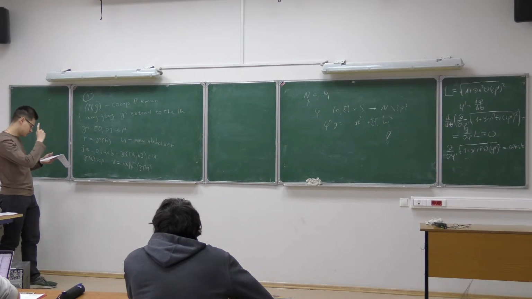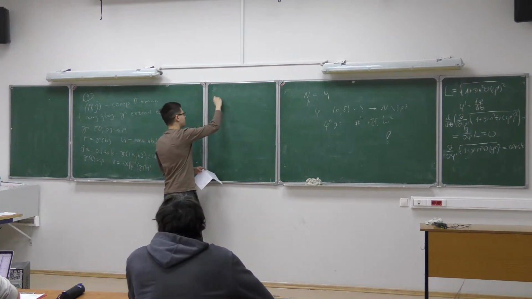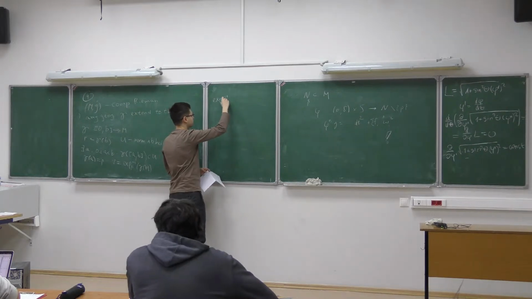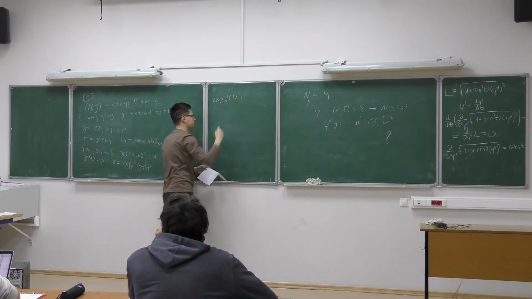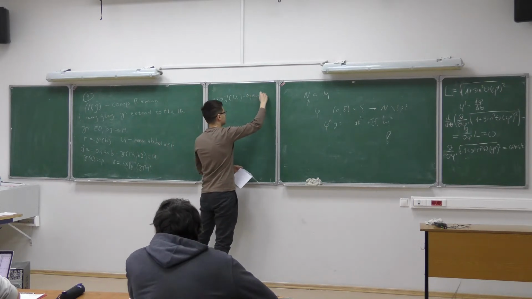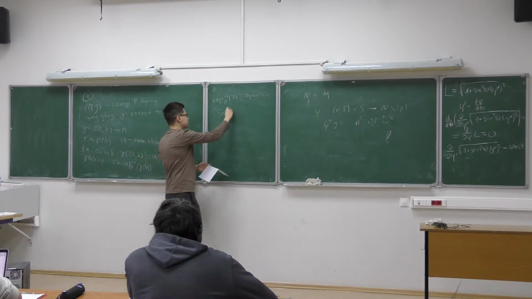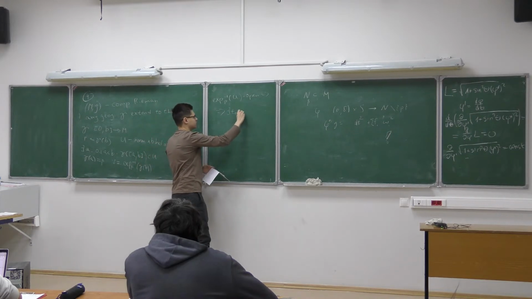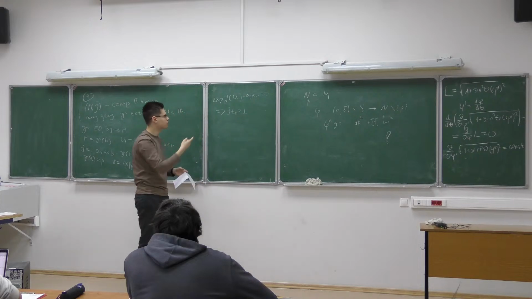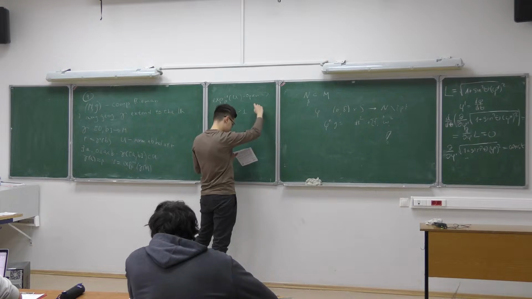U is open, so the inverse of the exponential of U is open, so there exists t0 more than 1 such that t0 v is in it.